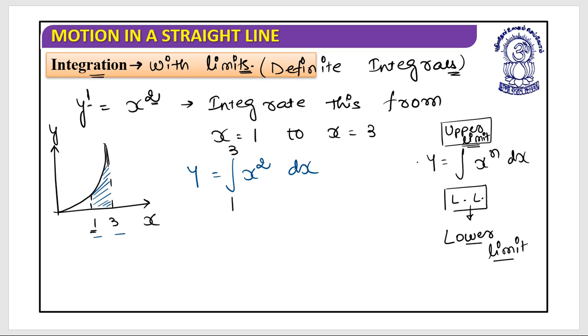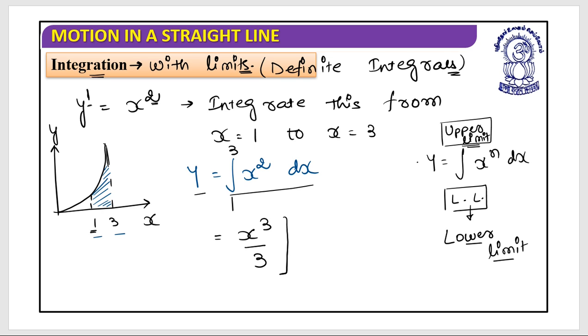Now, at the first step, just forget about any limits and do it as you were doing it. If you have been asked y equals the integration of x square dx, your answer would be x cube divided by 3.